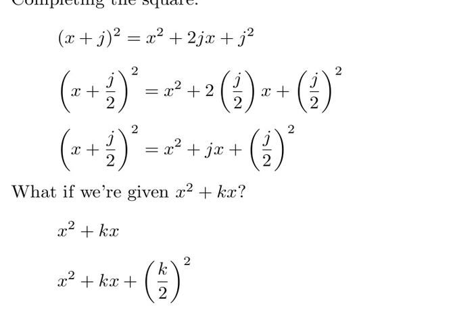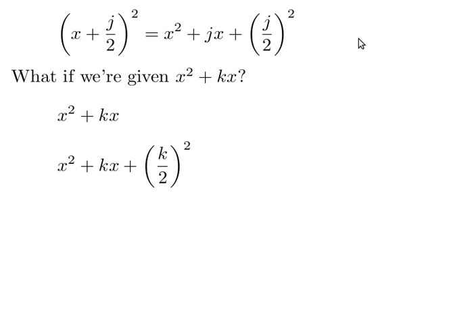I want to keep this stuff right here. Now let's add k over 2 quantity squared. But notice that once I add something, I change the value of it. So to compensate, I'm going to have to subtract off the same thing. That means we're going to add k over 2 quantity squared minus k over 2 quantity squared.